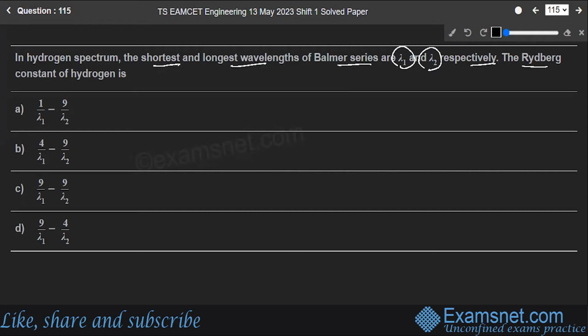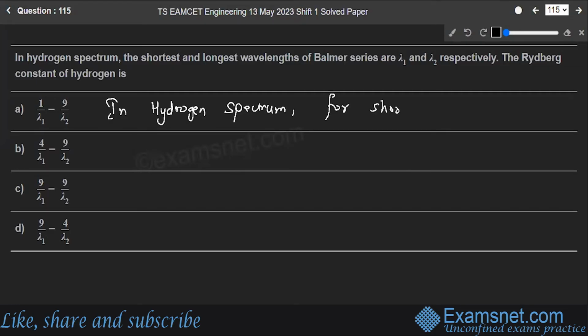See, in the hydrogen spectrum, for the shortest wavelength of Balmer series, you have n1 is equal to 2 and n2 is equal to infinity.